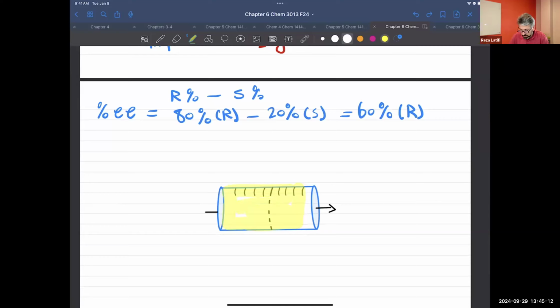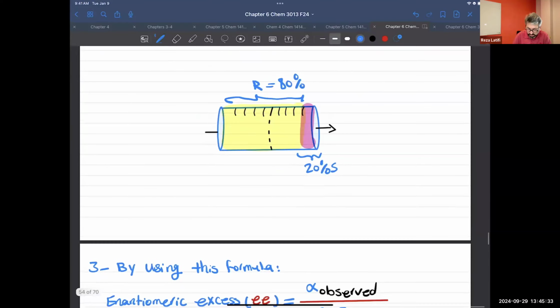R is 80%. And then you have 20% from S. That's going to be the S, 20% from S.